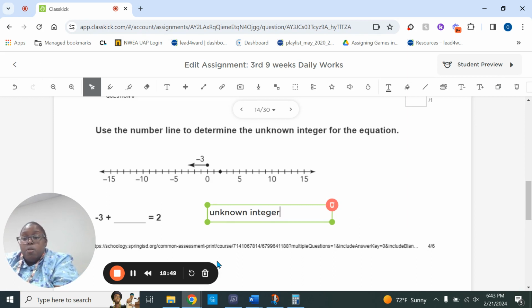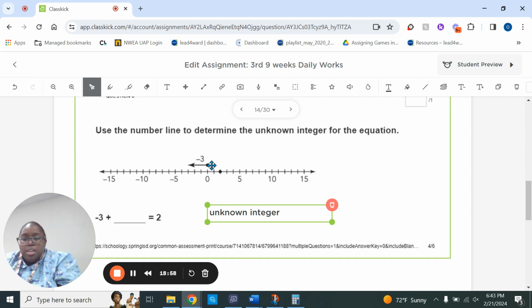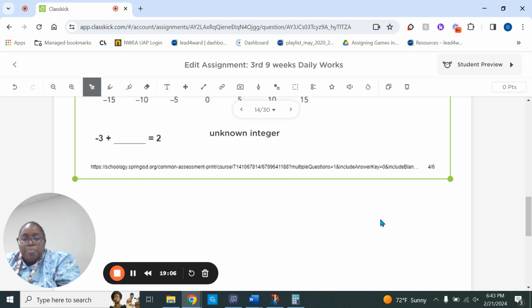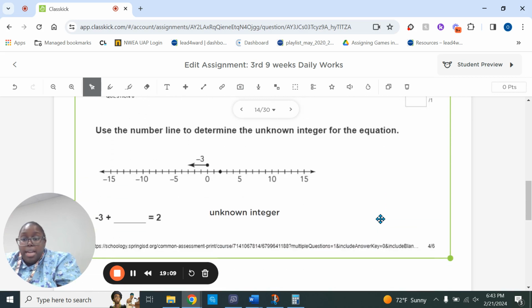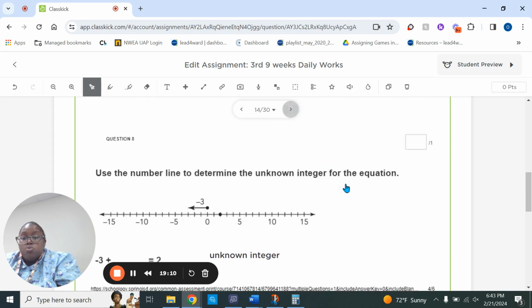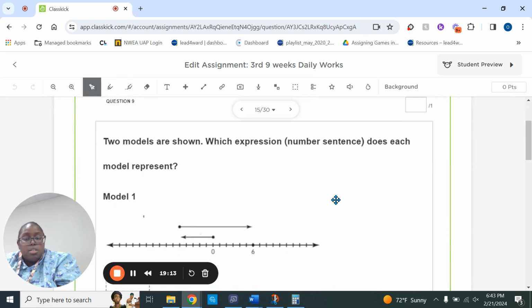So it has to be a whole number that is either positive or negative that's going to fit in that blank. Now, I'm not going to help you out that much with this one because it gives you everything you need. It gives you the first number on the number line, and it even tells you where it ends. So how did we get there? You can figure it out. Now, that was number 8.